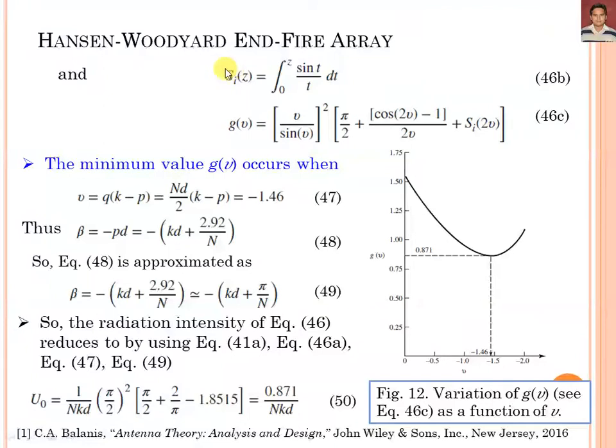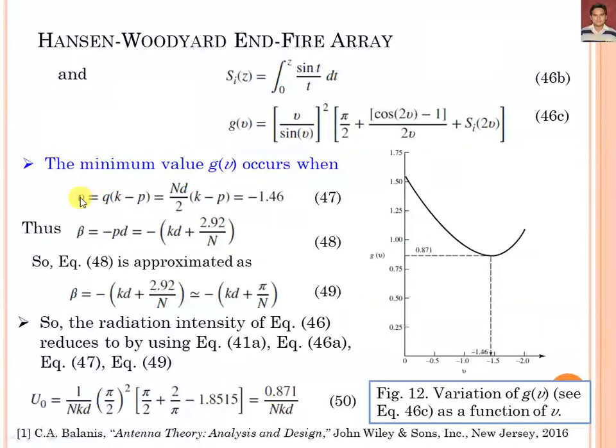This is the sine integral form, equal to the integral 0 to z of sin t upon t, and g of v is another parameter, equal to v upon sin v ka whole square, times pi by 2 plus cos 2v minus 1 upon 2v plus Si of 2v, where Si of 2v is the sine integral form, and this value of g of v is minimum. In that case we can calculate the minimum average radiation intensity and we can enhance the directivity.